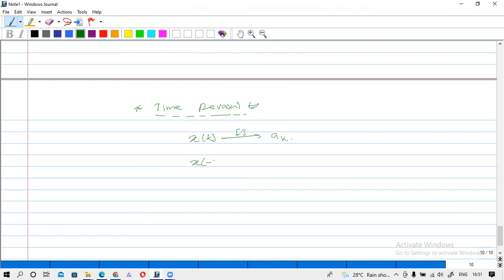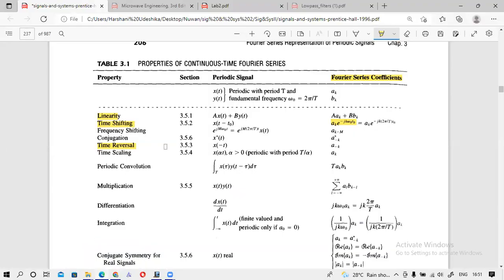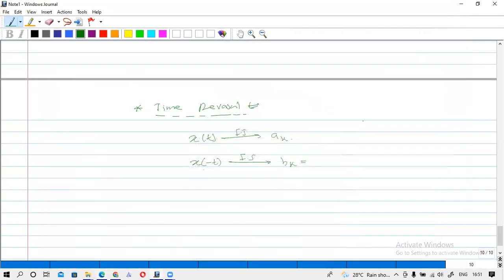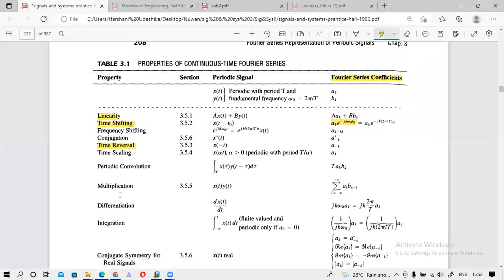If you get the time reversed signal x(-t), and the Fourier series coefficients are b_k, then b_k is equal to a_-k. Very simple, a_-k. Am I right? Let's check it again. Time reversal, a_-k.